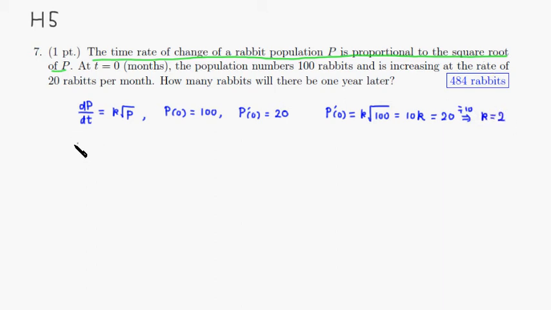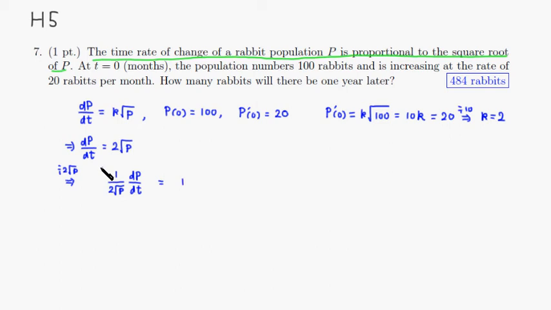So we have this equation, dP over dt is equal to 2 times the square root of P. This is a separable equation, so we can just divide it through by 2 square root of P. So 1 over 2 square root of P times dP over dt is equal to 1.